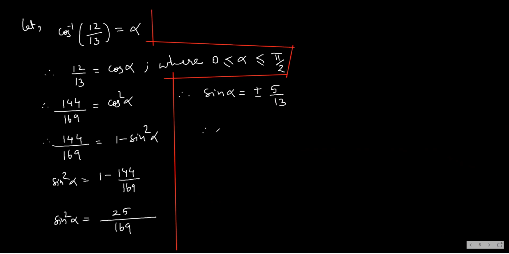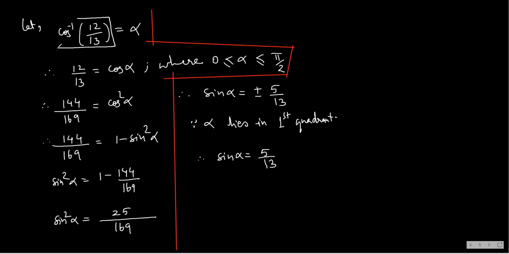But then this alpha, as you have noted down, lies in the first quadrant. So since alpha lies in the first quadrant, therefore you will have here sine of alpha equals 5 over 13. Now, what had you assumed for alpha?